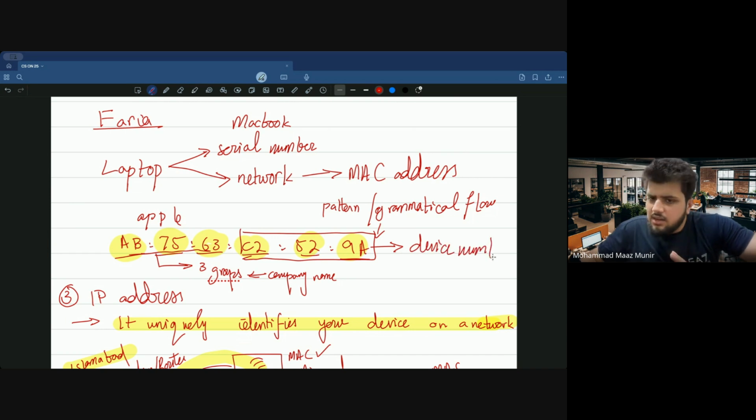It's nothing you need to understand, just for your own clarification. If you look at your MAC address, and let's say you have an Apple device and your friend also has an Apple device, the first 6 letters are going to be the same because they are the company name. They won't be different. The last 6 digits are going to be different because they refer to your device number.